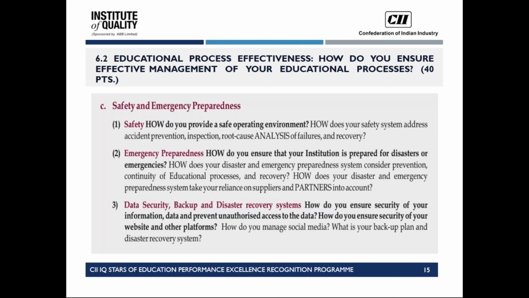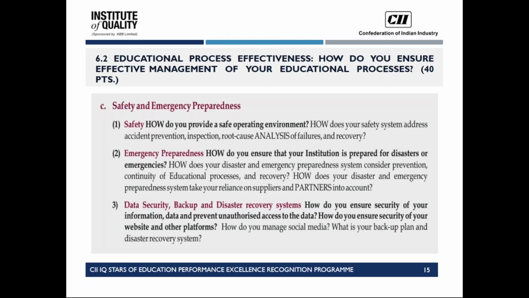And the third aspect or area under the sub-criteria 6.2 is on safety and emergency preparedness of the institution. The safety, how do the institutions provide a safe operating environment? How does the safety system address accident prevention, inspection, root cause analysis of failures and recovery?